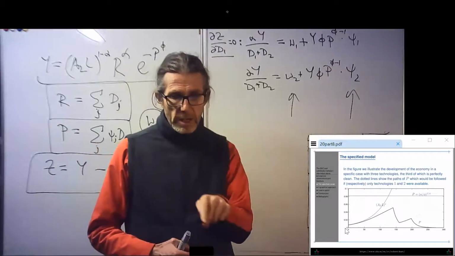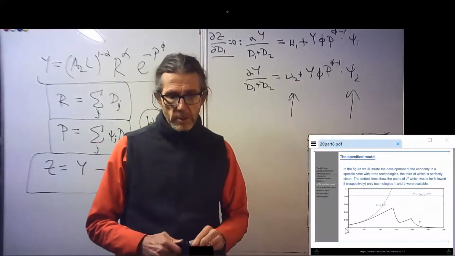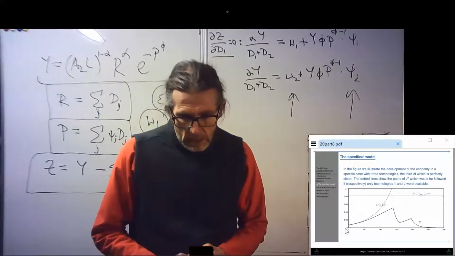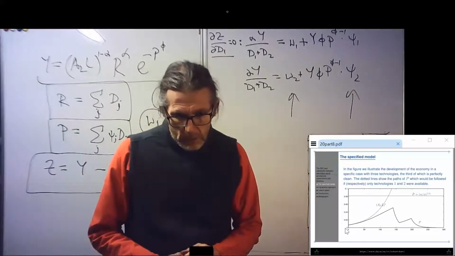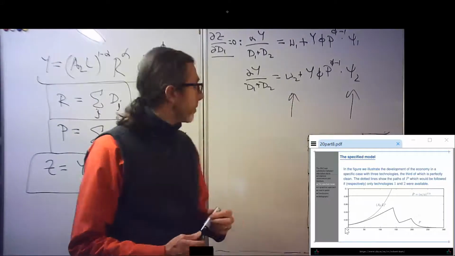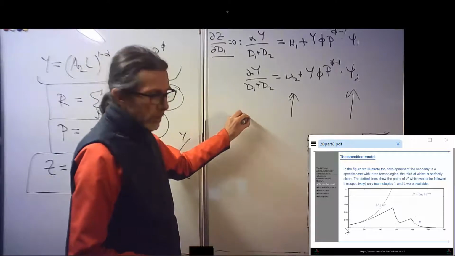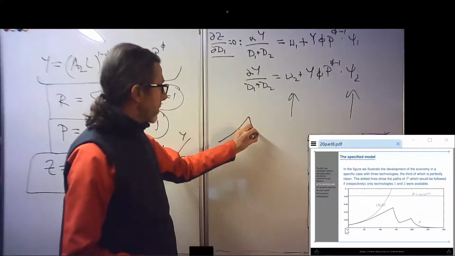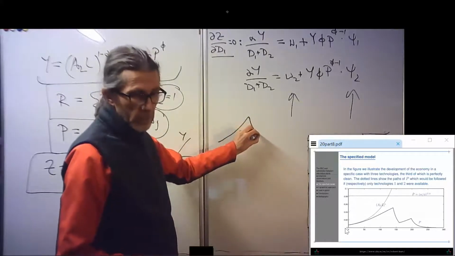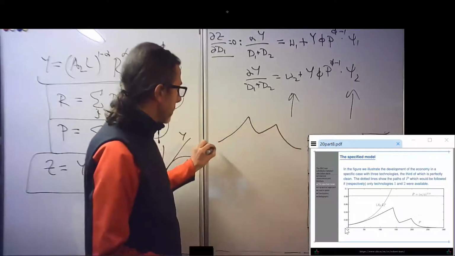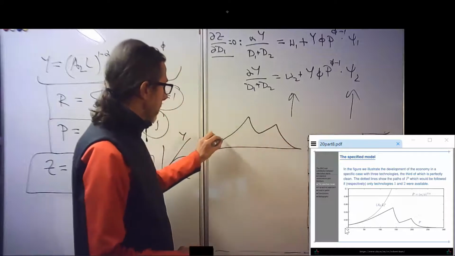Here we have 3 alternative technologies, the third of which is totally clean. So we start just by using technology 1, then we have a transition period where we transition to technology 2, then we just use technology 2, and then we start transitioning to 3, the clean one.